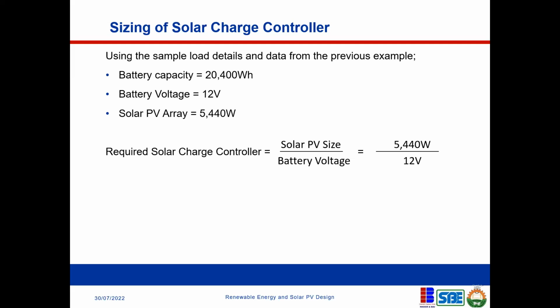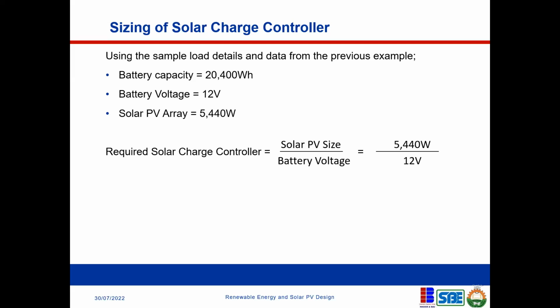Now, please, I need to clarify something here. You're dividing by the voltage of the system, not necessarily the battery. So if you have a 24-volt system, but your battery is 12 volts, it means that you combine two 12-volt batteries to get 24 volts, right? So yes, what you're dividing by here is the voltage of the system, not the battery.